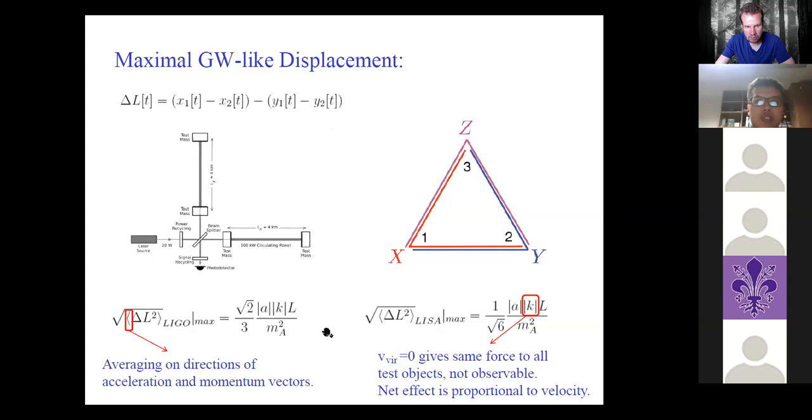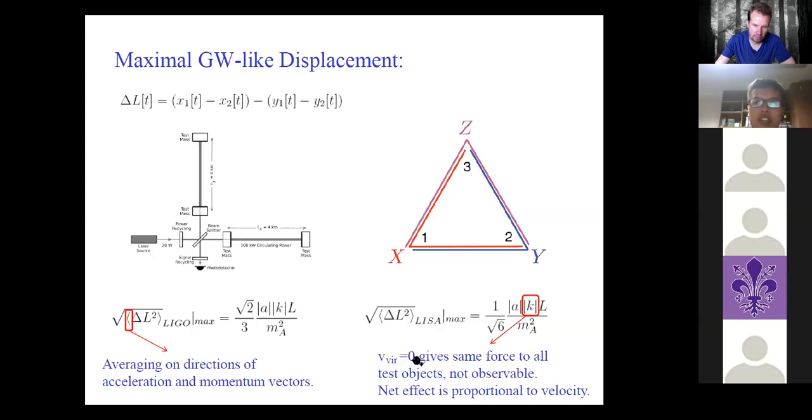And by averaging over directions of the acceleration and momentum vectors of the dark photon, we can obtain these two formulas, which describe the maximum value of the relative arm length change of the interferometer for LIGO and LISA. And from this result, we find that the relative arm length change is proportional to the typical velocity of the dark photon dark matter.